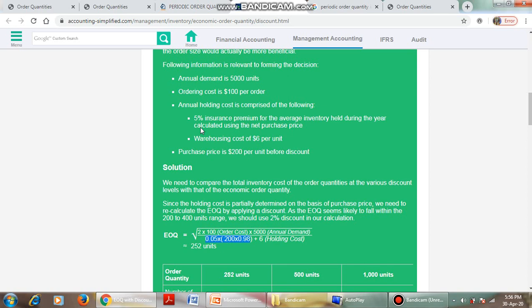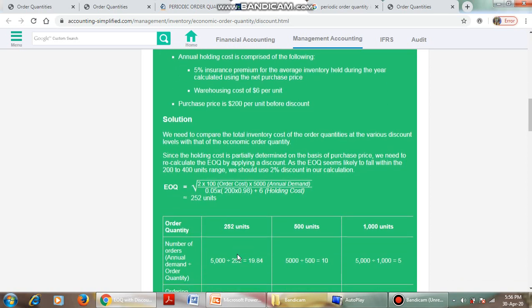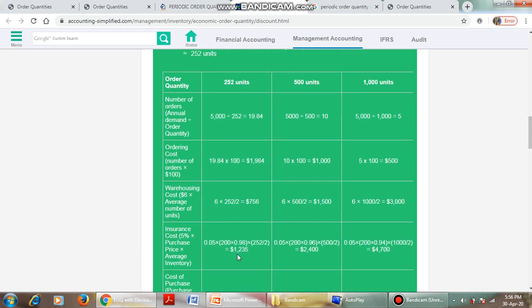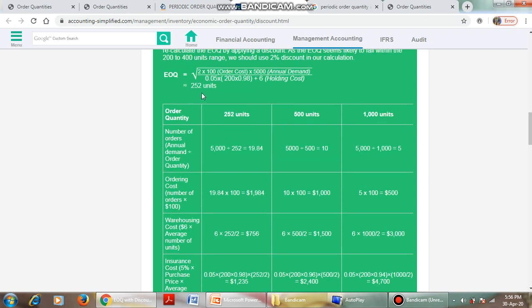Carrying cost is insurance into 200. He has purchased at a 200 purchase price, and 0.98 applies to the purchase price. So we get 252 units as the EOQ.